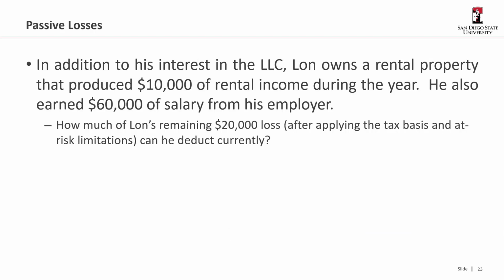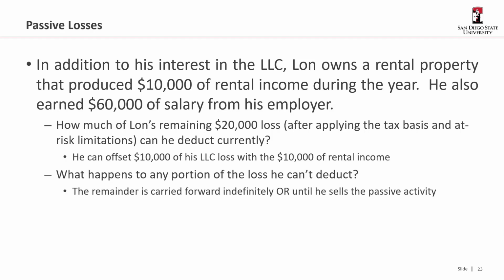Okay. So in addition to his interest in the LLC, it turns out Lon owns a rental property. And that rental property, which of course by default is treated as passive, produces $10,000 of rental income during the year. He also earns a salary of $60,000 from his employer. So now we've changed the situation a little bit. So how much of Lon's remaining $20,000 loss, after applying the basis and at-risk limitations, can he deduct?